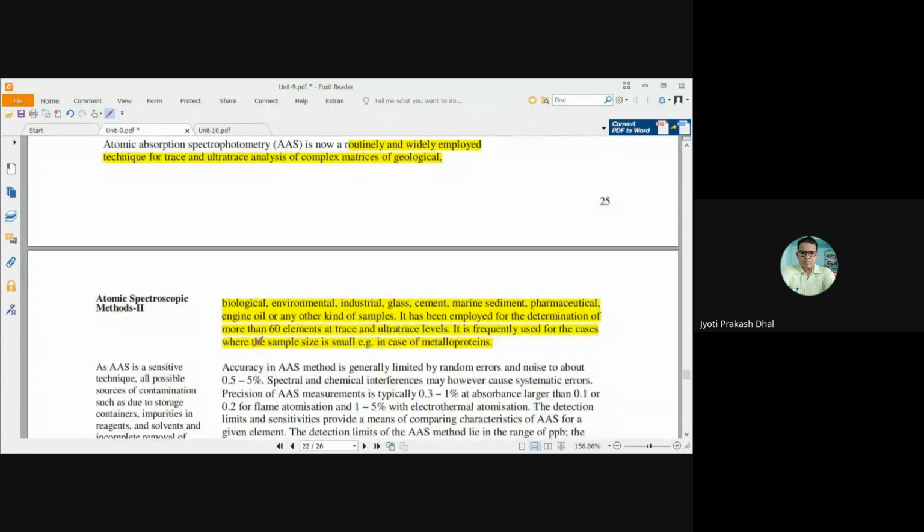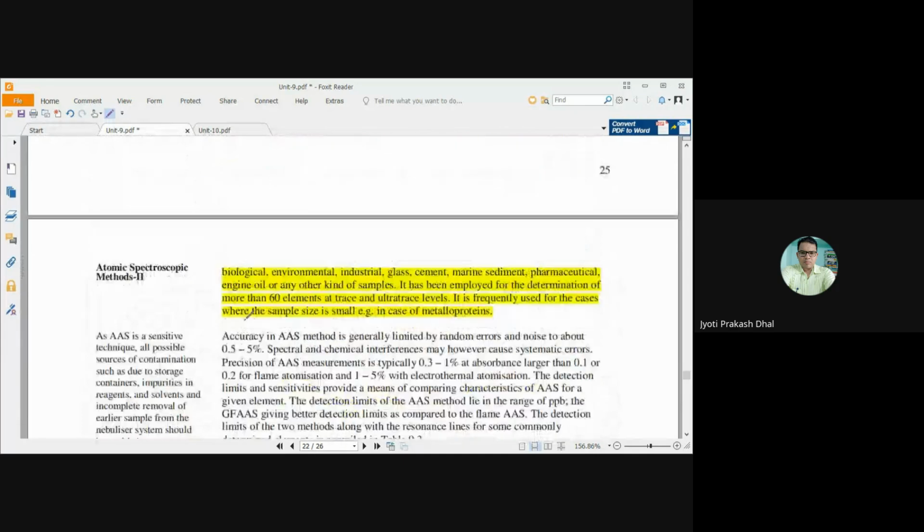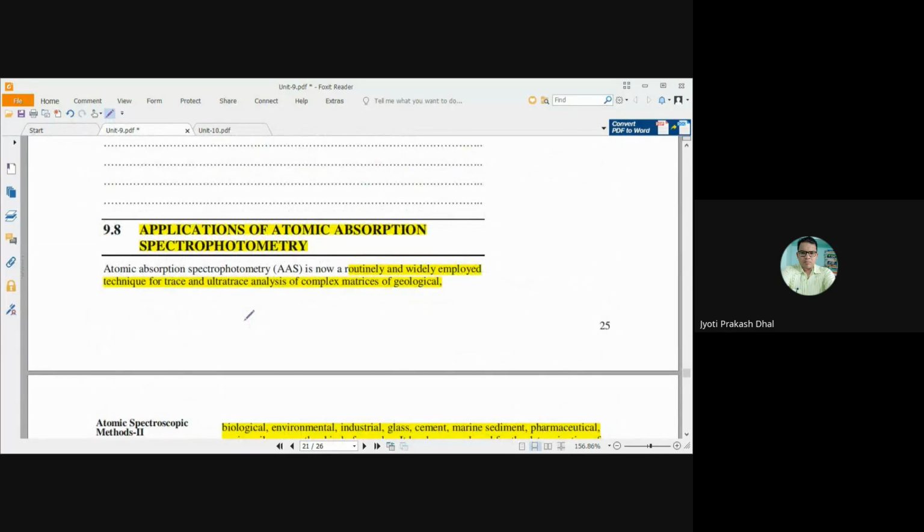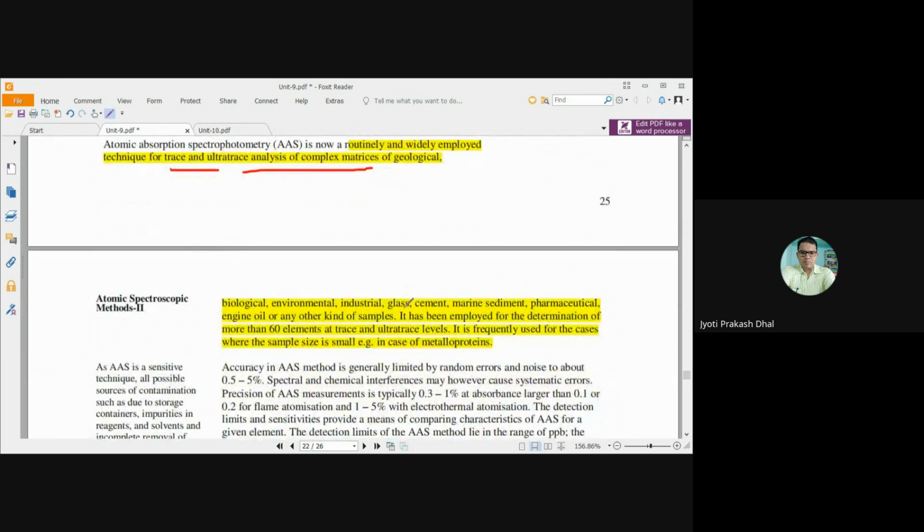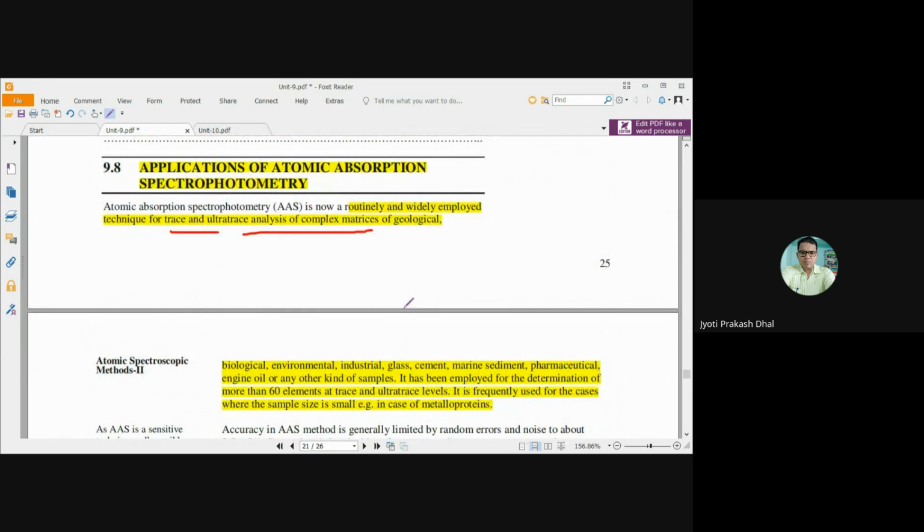Application of AAS. We know that AAS is a widely employed technique for trace and ultra trace analysis of complex matrices of geological, biological, environmental, industrial, glass, cement, marine sediment, pharmaceuticals, engine oil, or any kind of samples.